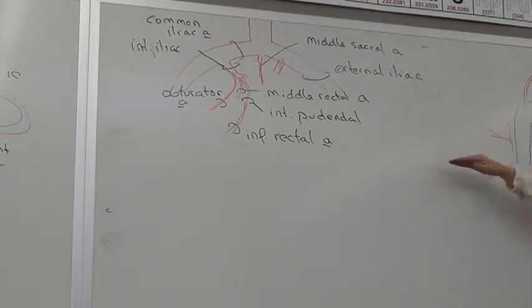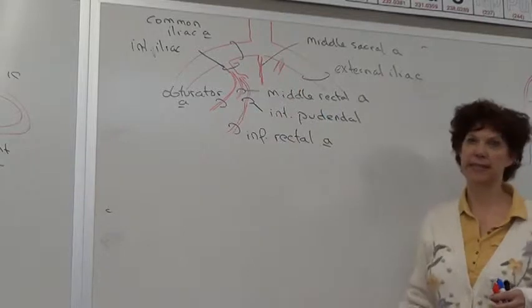Inferior rectal is directly off of the internal pudendal. So if you have Netter's, go to the pelvis, or the Thieme Atlas, go to the pelvis region, and there's a really good view of this sequence.